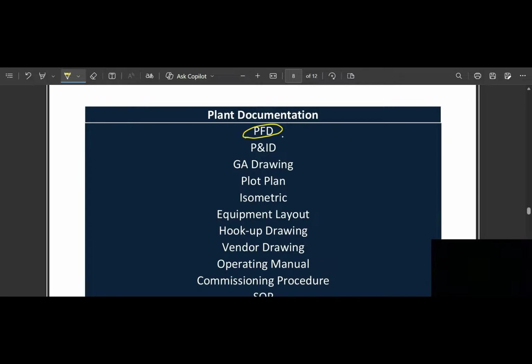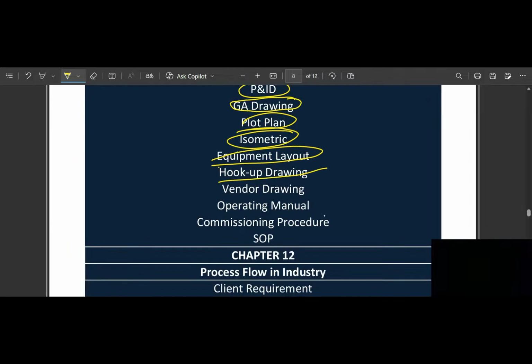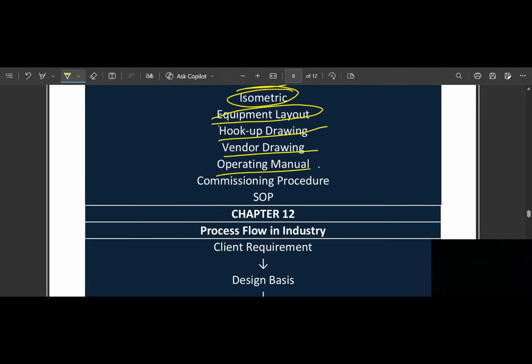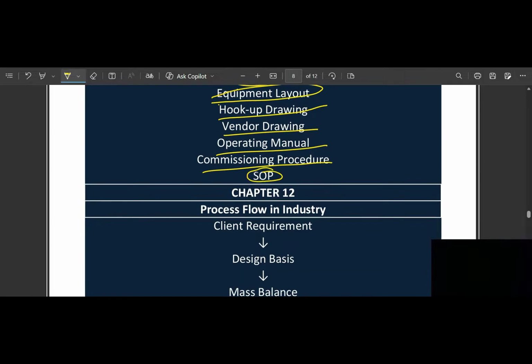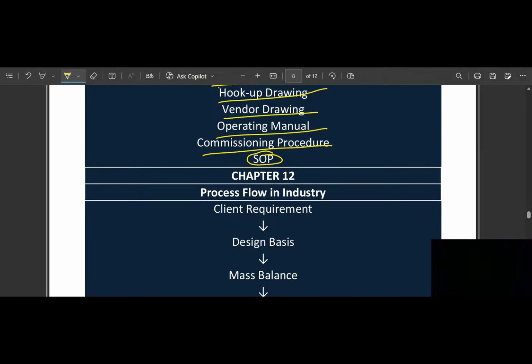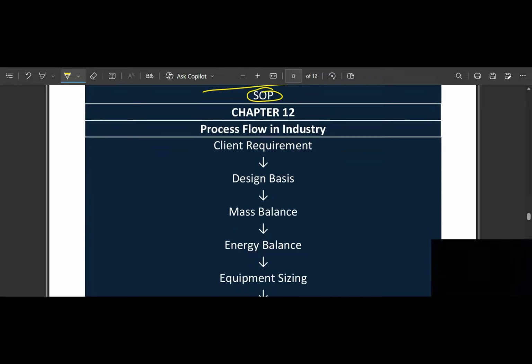Either we prepare the PFD or we work on it. Then P&ID, process and instrumentation diagram, process flow diagram, general arrangement drawing, plot plan, isometric, equipment layout, hookup drawings, vendor drawings, operating manuals, commissioning procedure, and standard operating procedure.